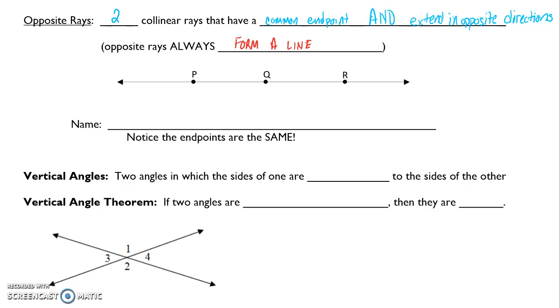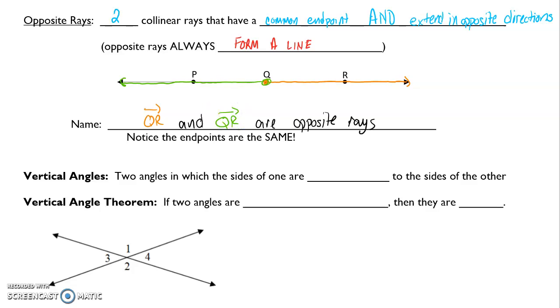In this diagram, our two rays that we would then name are ray QR, this ray here. I could say ray QR and ray QP are opposite rays.